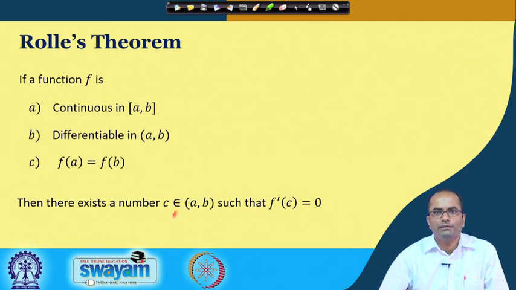Meaning that there will be a point c where the slope of the tangent will be 0.